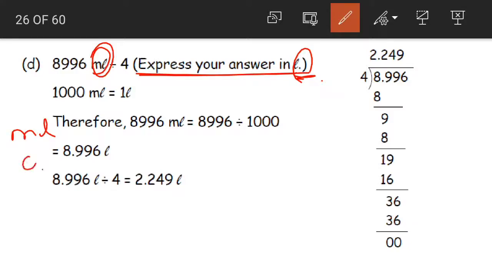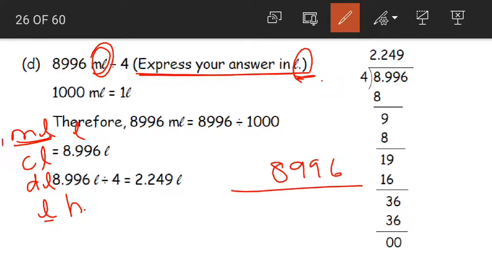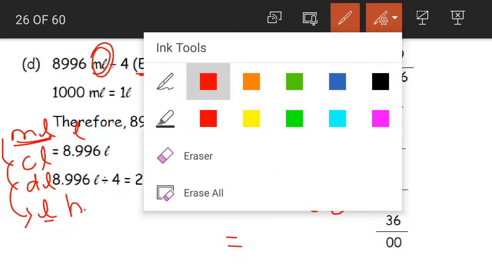Again, milli, centi, deci and liters. Lower unit is converted into a higher unit, so we need to divide 8996 by how many jumps? 1, 2, 3. 3 jumps. So divided by 1000. Now what will be the answer, children?